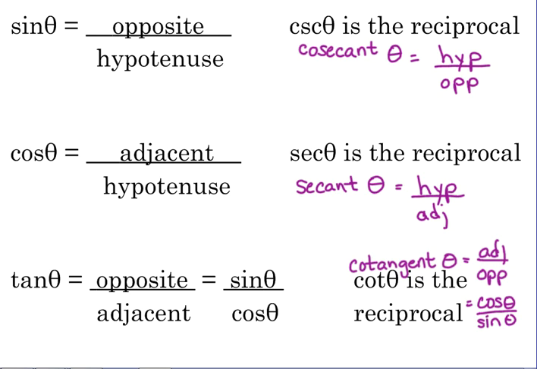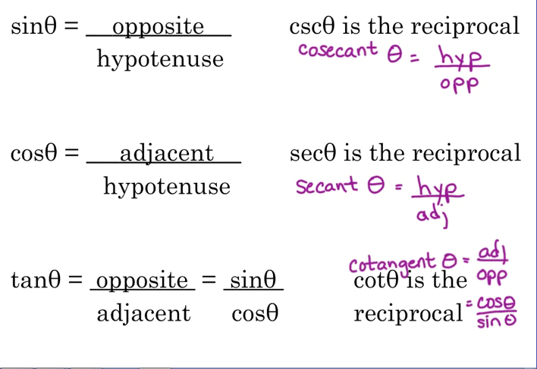So that's the hypotenuse over the opposite. Secant is the reciprocal of cosine, so the hypotenuse over the adjacent. Cotangent is the reciprocal of tangent, so the adjacent over the opposite, or cosine over sine.